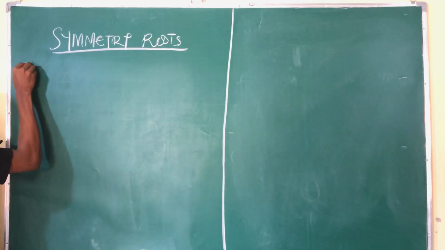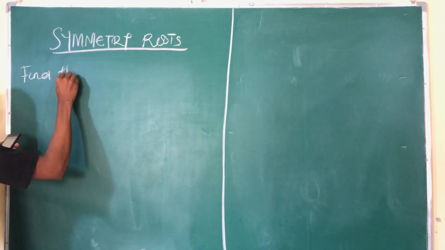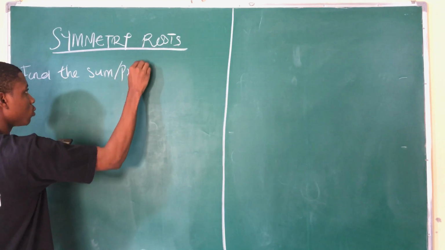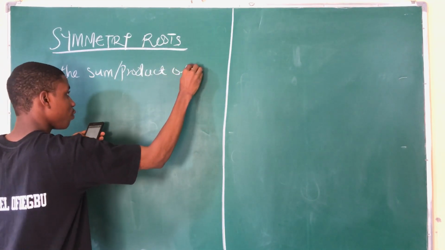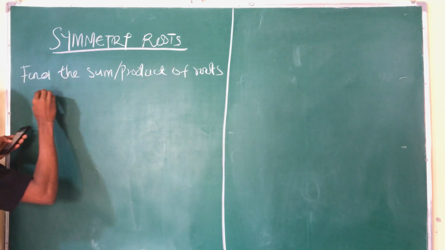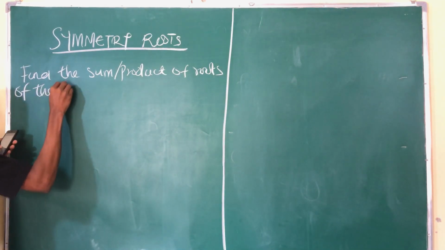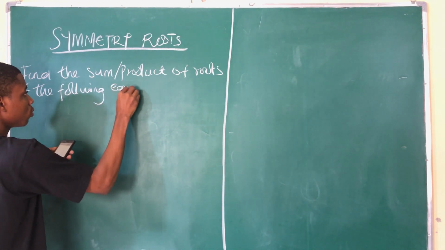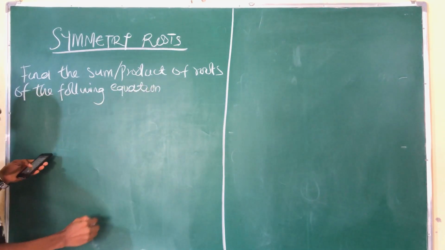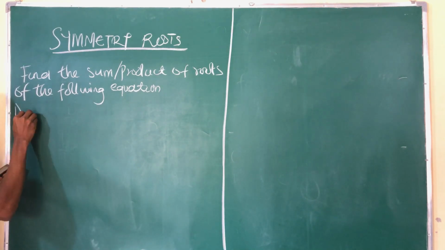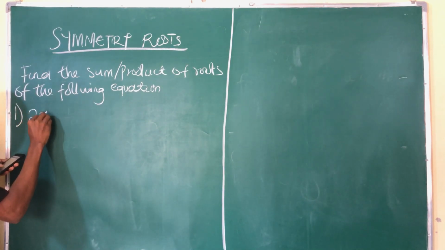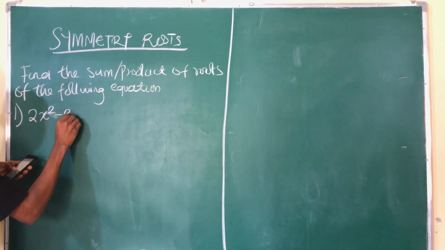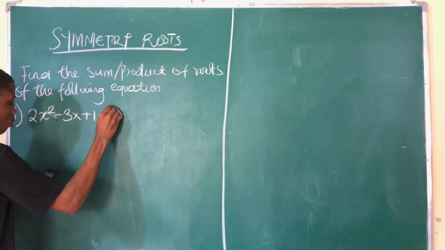The question says, find the sum and the product of the roots of the following equations. We are given the first one, 2x squared negative 3x plus 1 equals 0.